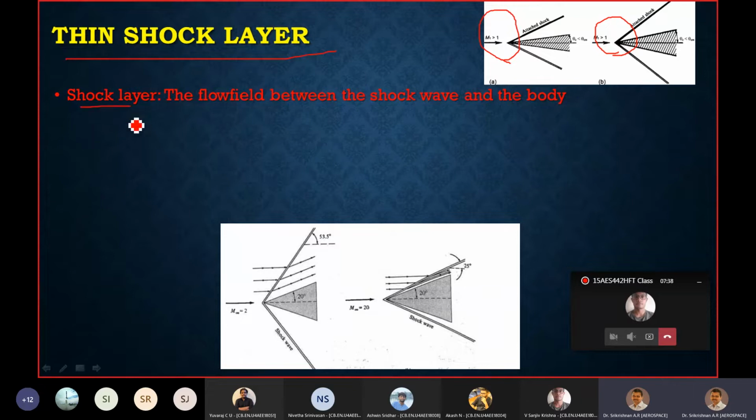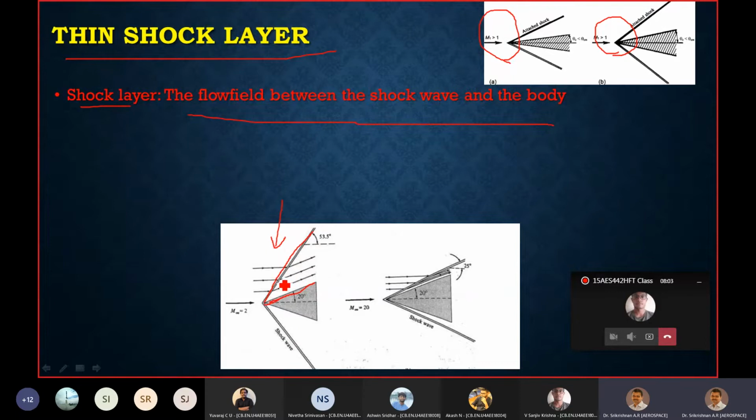Now, what is a shock layer? The shock layer is the flow field between the shock wave and the body. So please be clear about that. For example, in this picture, I'm trying to point at this. You have a shock wave here, and you have the body surface here. What we mean by shock layer is the flow field in between.